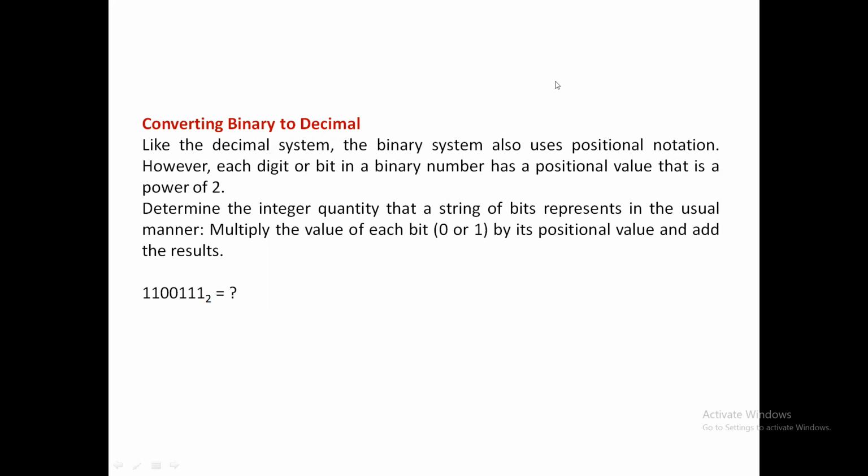What we do to convert a binary number into decimal number, or to convert any given number system into a decimal, is take out the positional values starting from the leftmost and multiply each of them with the base to the power of the exponent.